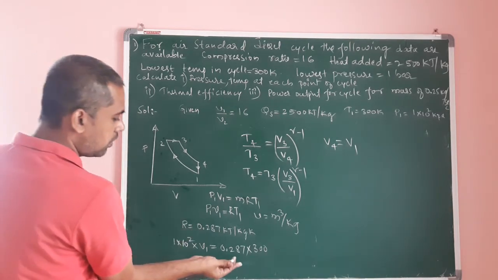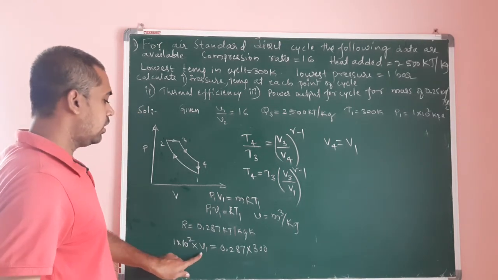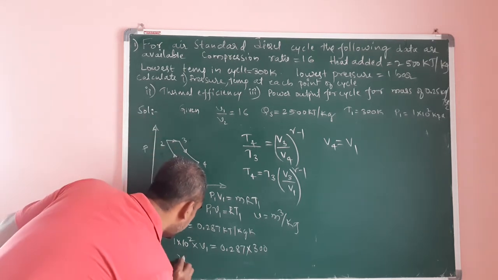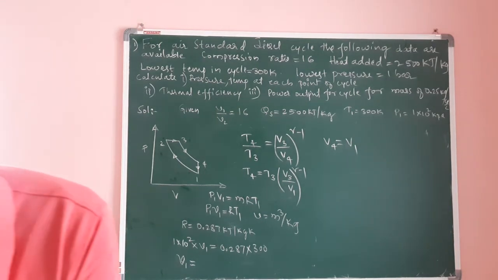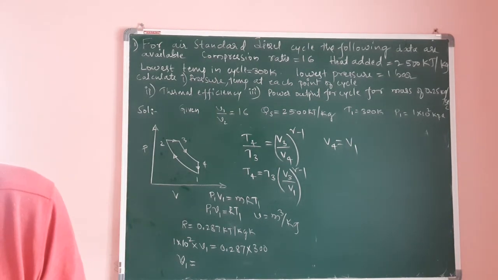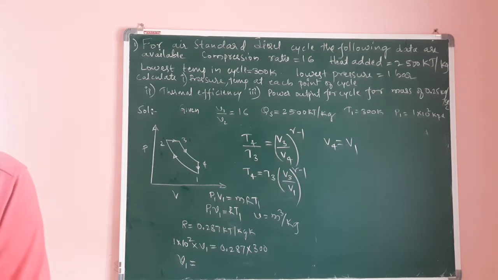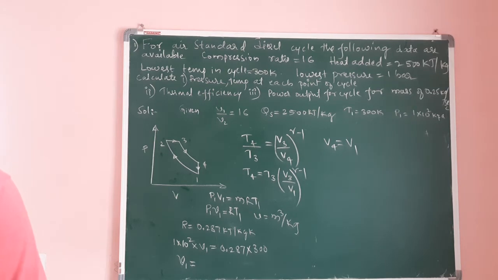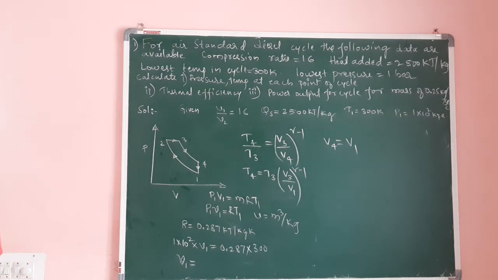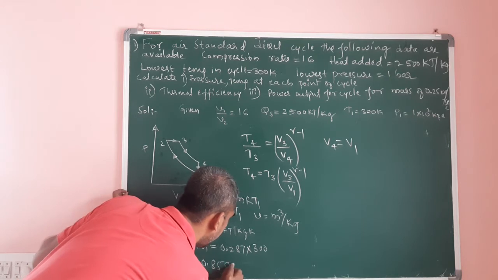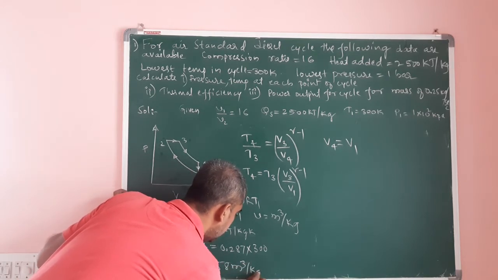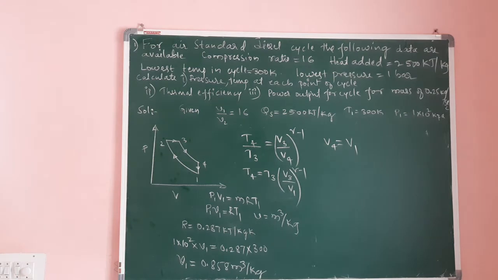If you calculate small v1, you will get the v1 value as 0.858 meter cube per kg.